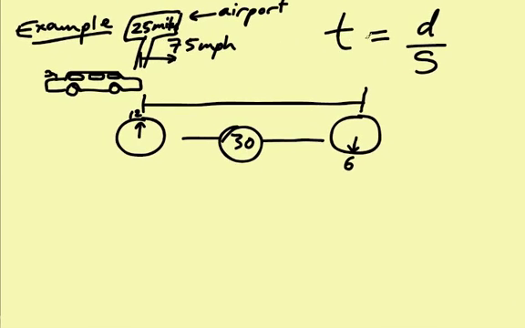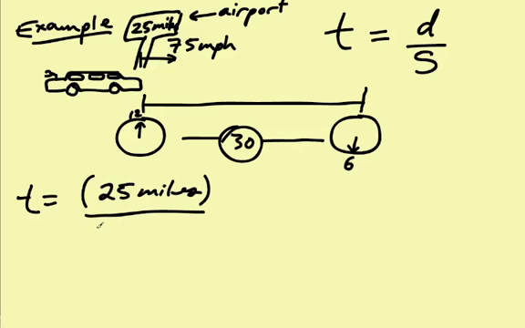I know the distance, which is 25 miles. And here, I'll just rewrite it over here. Time is equal to 25 miles over 75 miles per hour. Okay.